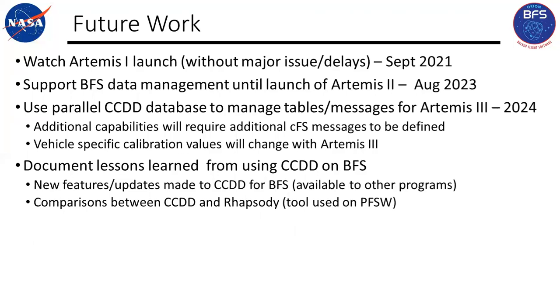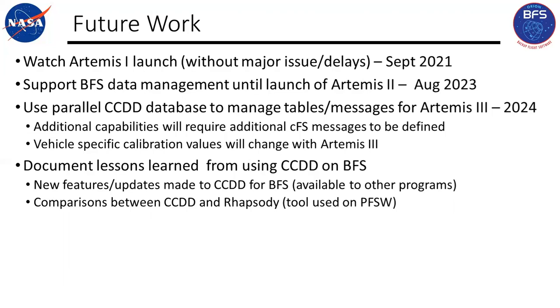So future work, some of the things we want to do, we're looking forward to the Artemis 1 launch. Hopefully there's no major issues or delays later this year. And then we'll be supporting the data management of Artemis 2 until it launches, hopefully sometime in 2023. And then in parallel, sometime this year, we'll probably branch off an Artemis 3 database for the CCDD, because there's slight changes in the vehicle configuration and some new capabilities are going to be coming online.